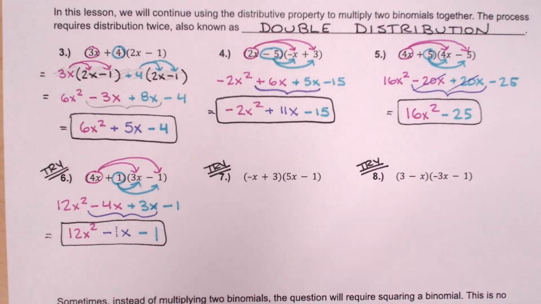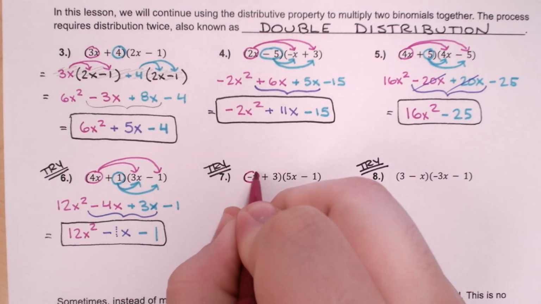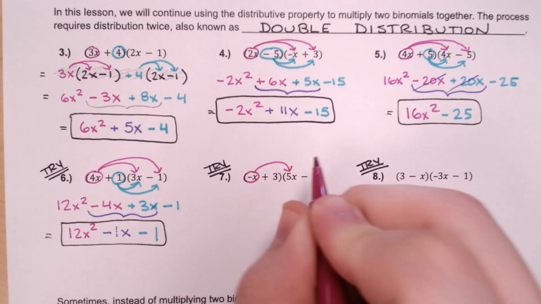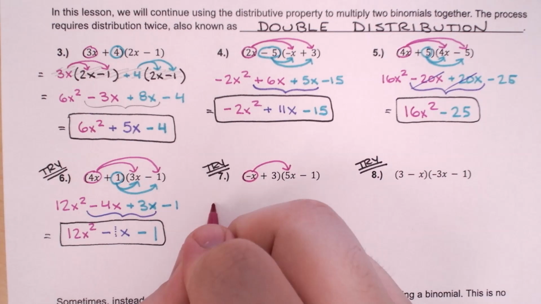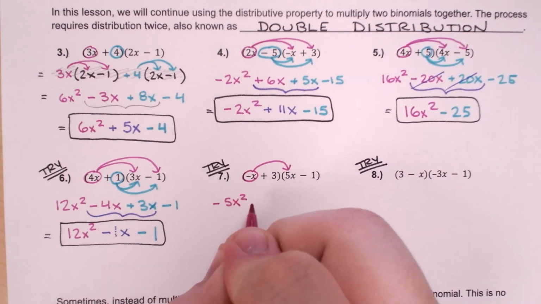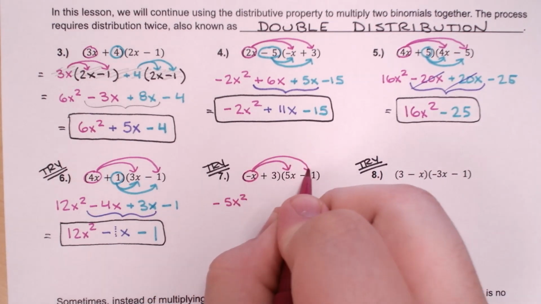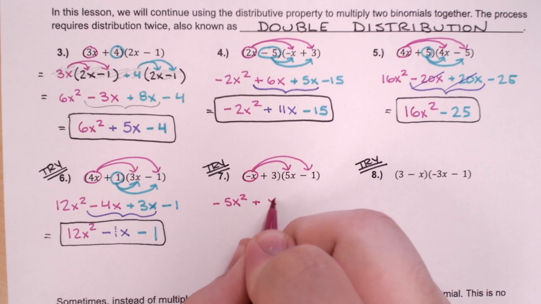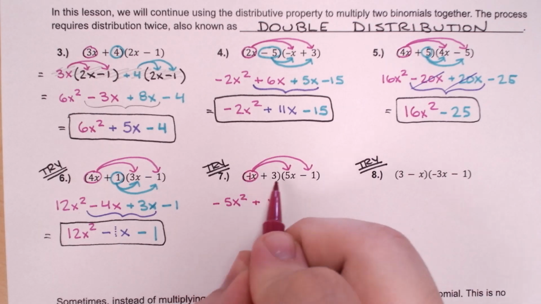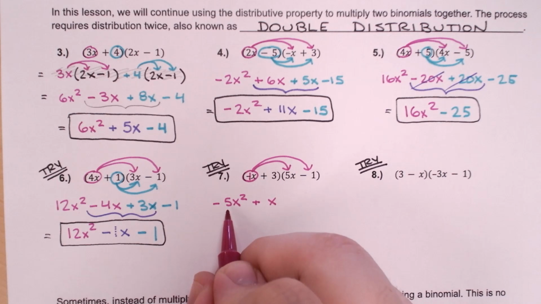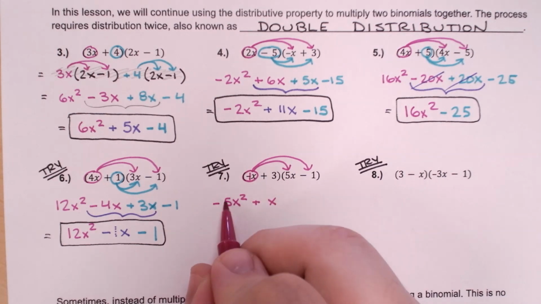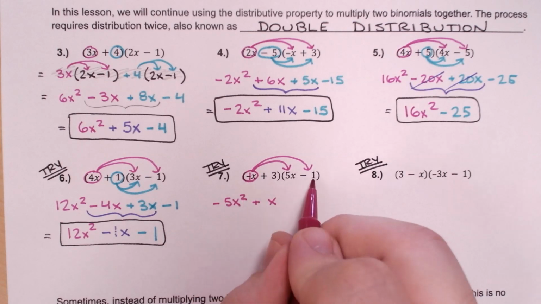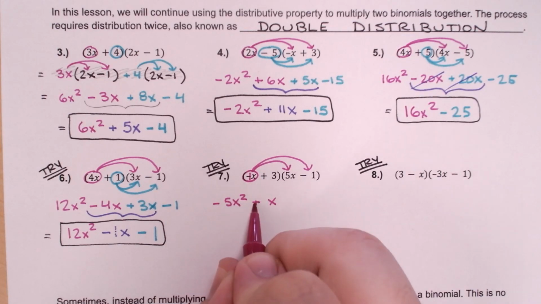Okay, number 7. Negative x times 5x is going to be negative 5x squared. And negative x times negative 1 is going to be positive x. So negative 1x times 5x is negative 5x squared, because negative 1 times 5 is negative 5, x times x is x squared. And negative 1x times negative 1, the negative 1s just multiply to positive 1.